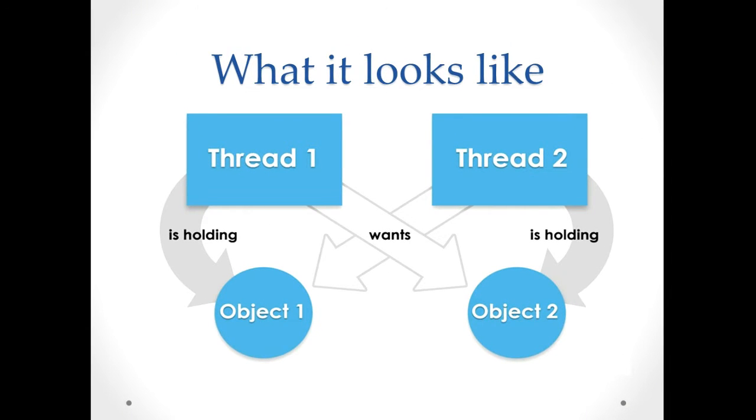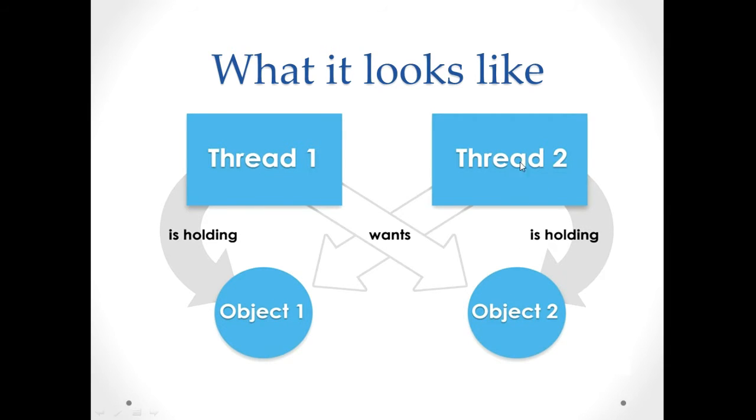Now this picture may make it a little bit more clear for you. So let's say we have thread 1 and we have thread 2. Thread 1 is going to try to acquire a lock on this object. Well, it has already acquired a lock on this object here. So after it acquires a lock on object 1, it wants to acquire a lock on object 2.